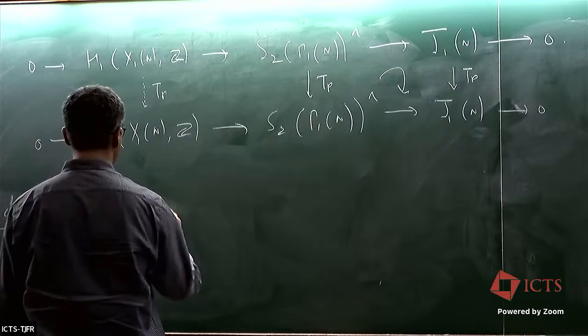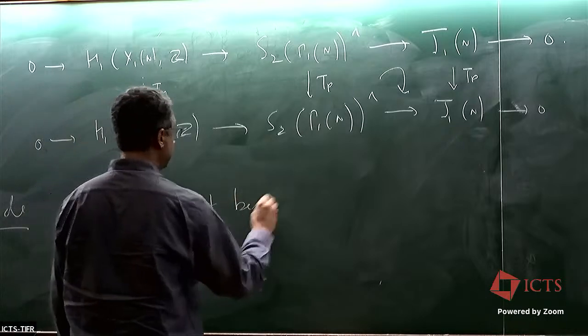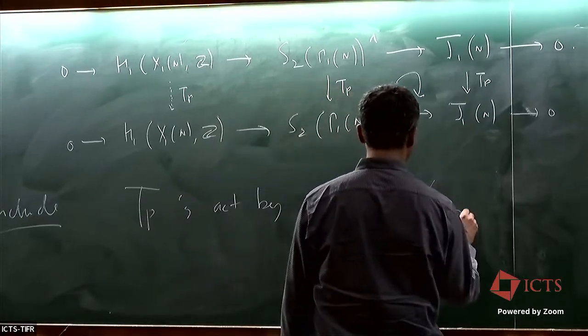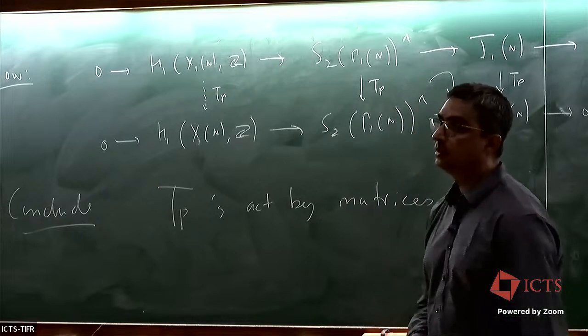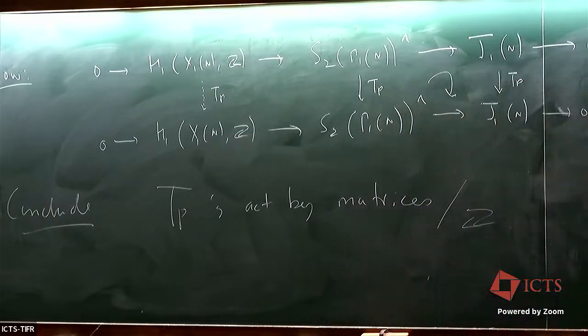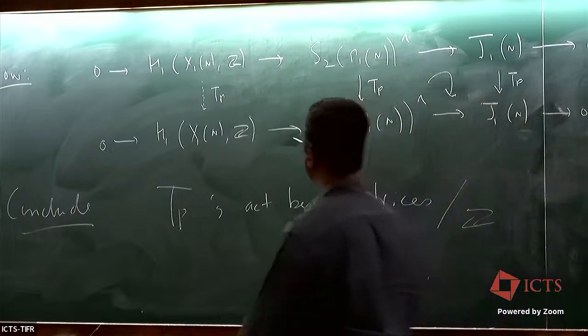TPs act by matrices defined over Z. And therefore, their eigenvalues are algebraic integers, right? Cayley-Hamilton theorem, it's just a polynomial defined over Z. So the eigenvalues are algebraic integers.